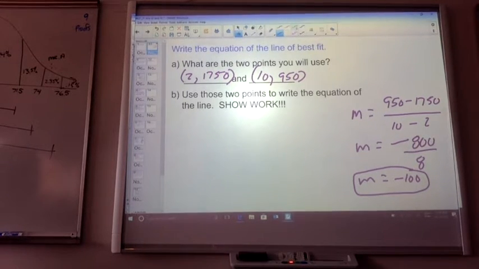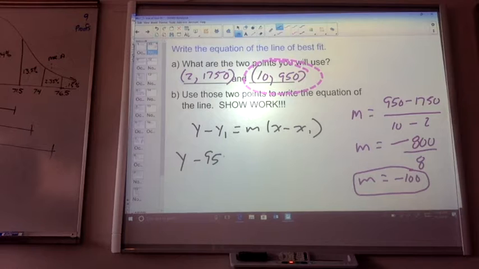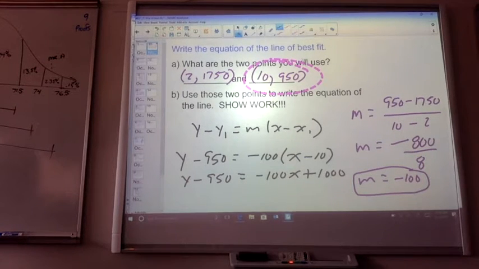All right, so then I'm going to pick one of our points. So I'll pick this one. Okay, I just chose that. So I'm going to go y minus y1 equals m times x minus x1. So I get y minus 950 equals negative 100 times x minus 10. Maybe we should work this out. Then add 950.